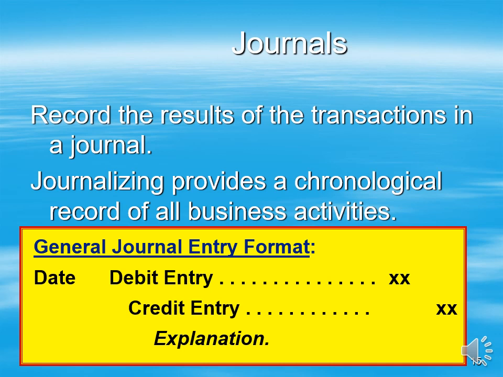And then you have to write the credit entry and the amount. The credit entry has to be written a bit to the right side. See the format here? So you have to follow this format.